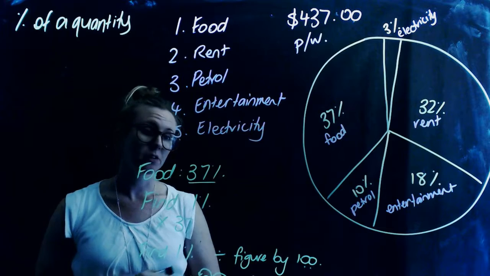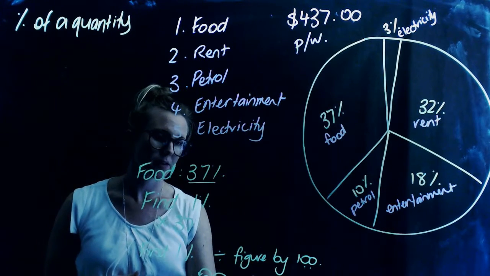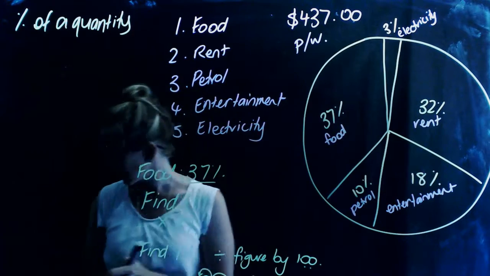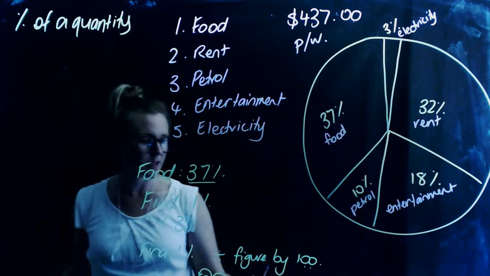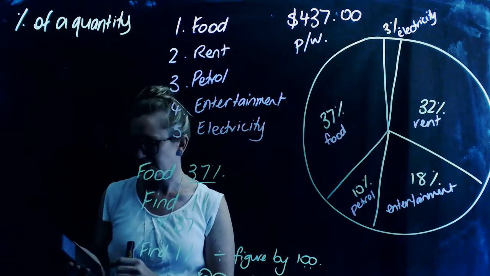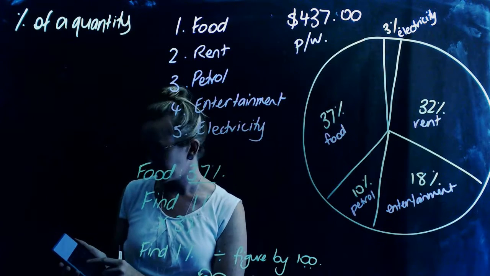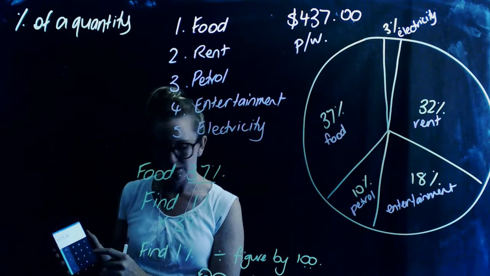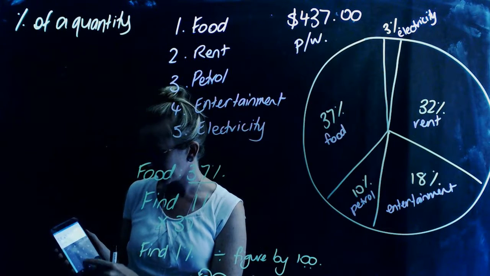But in order to answer my question fully, I'm going to times that by 37 because I'm looking for 37% in this case. You could either do that by setting it out like a sum, or you could be really lazy and go 4.37 multiplied by 37.